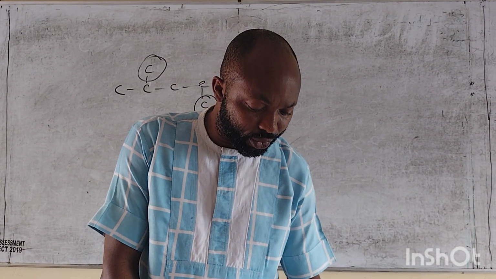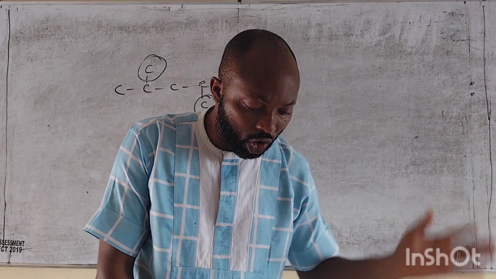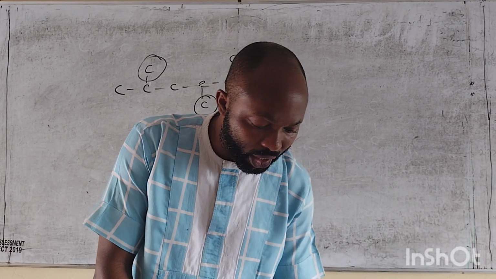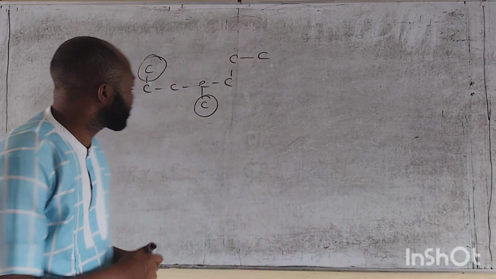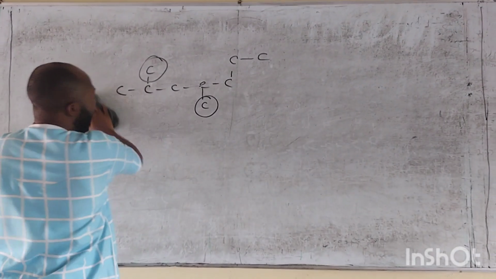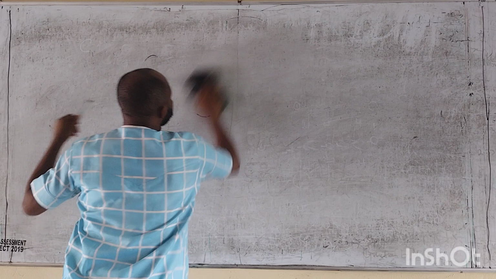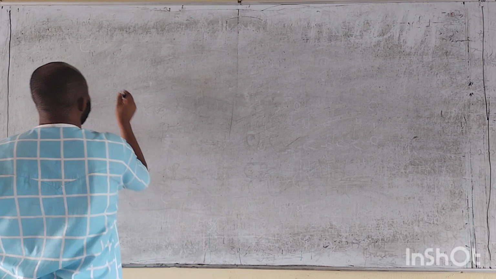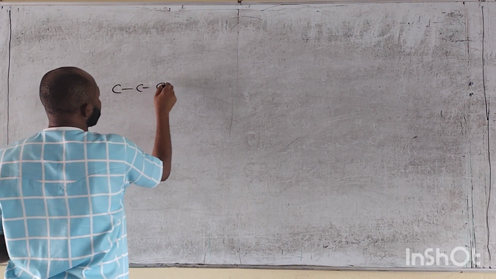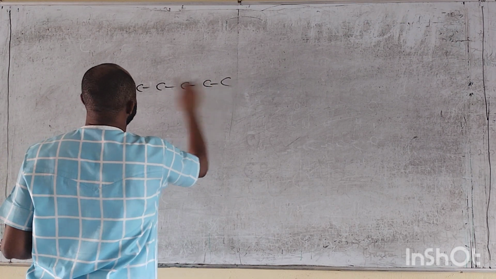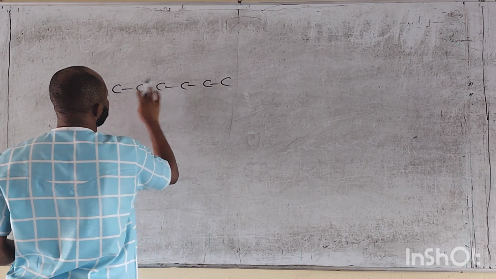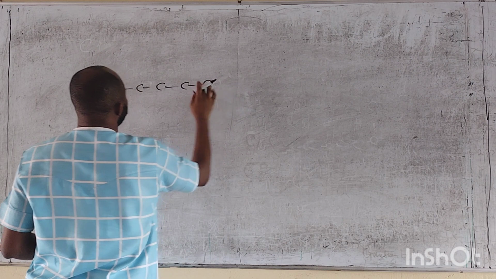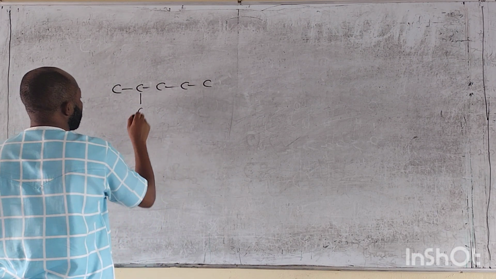Let's take an example when they talk about the longest chain. So we have 1, 2, 3, 4, 5. Apart from this, let's take another example. 1, 2, 3, 4, 5. See.